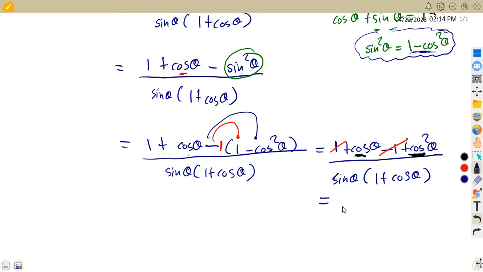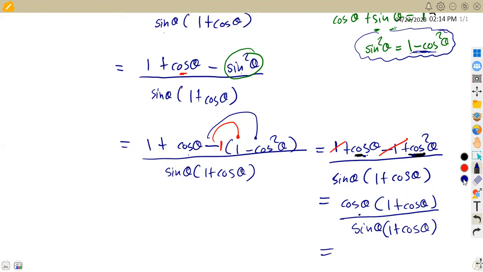So we can factor out the cos of theta, meaning cos theta and cos theta, that's a 1. Cos squared theta divided by cos theta is going to be cos theta, because we are having 2 of them here. So we remain with 1. Everything over the sine of theta into the bracket of 1 plus cos theta. Just like the previous question, we can see that the 1 plus cos theta in the numerator is the same as the 1 plus cos theta in the denominator.